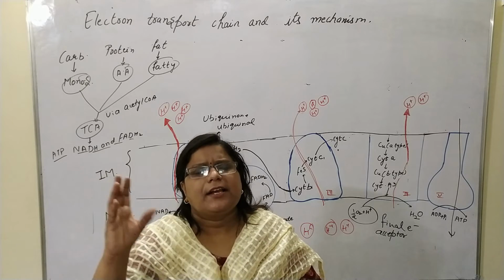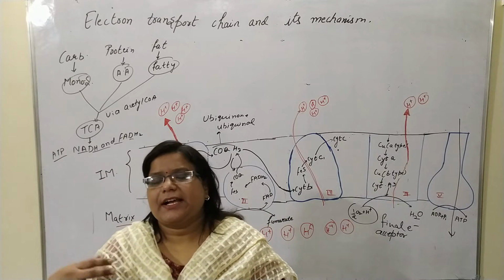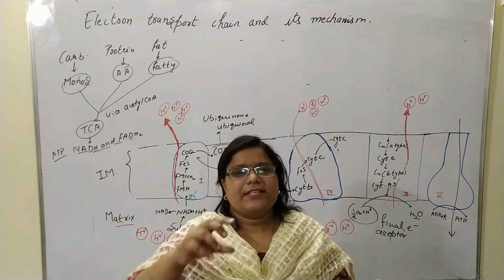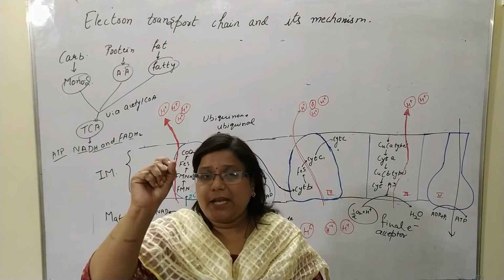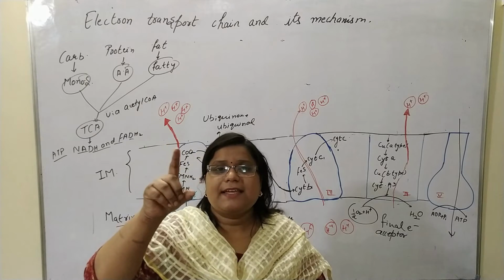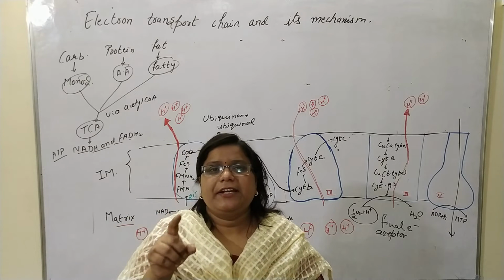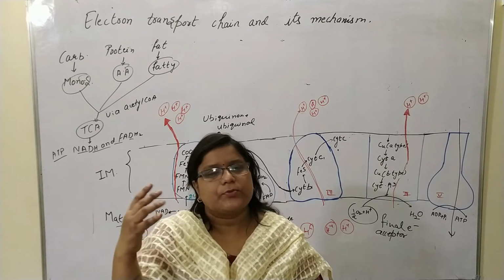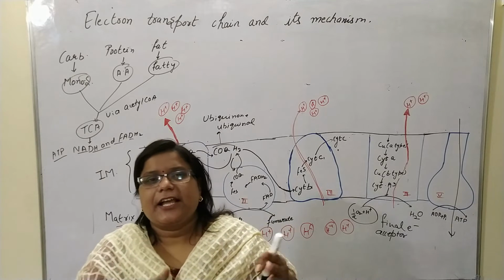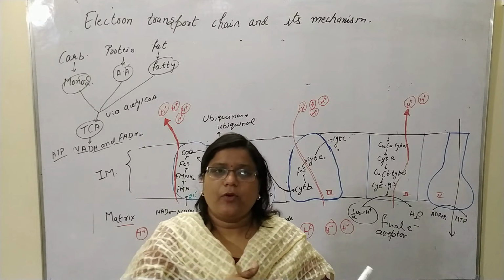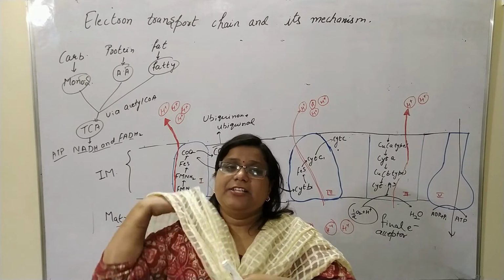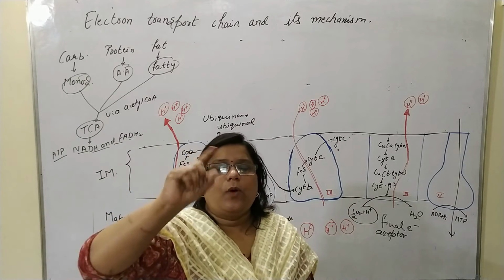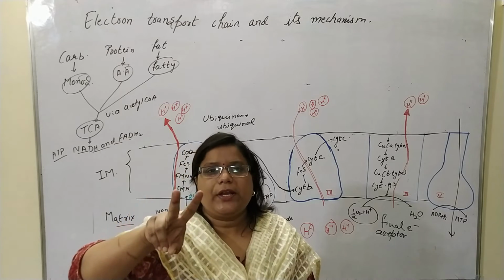Okay, so in the glycolysis calculation and the Krebs cycle calculation, you will say that in one glycolysis 8 ATP is formed. Not 8 ATP directly. In that cycle, you have to calculate 1 NADH equals 3 ATP, and 1 FADH2 equals 2 ATP.